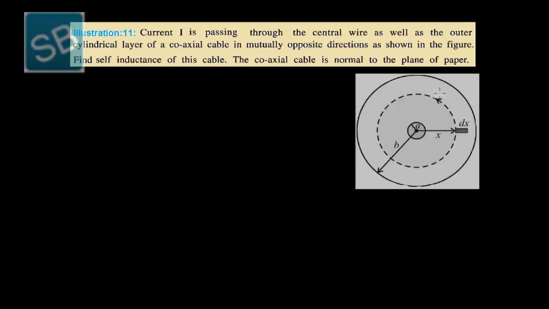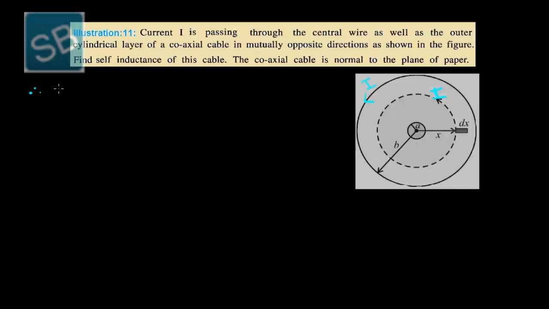So suppose this is the current I passing through the central wire, and also at the outer wire. So in this wire the same amount of current is passing. So with this I can find out the magnetic field of this element, or we can say the area of cross section dx. So this dx element is at distance x from the origin.